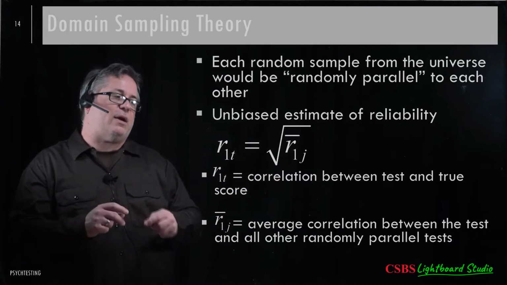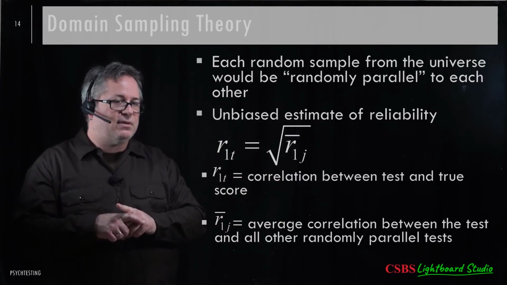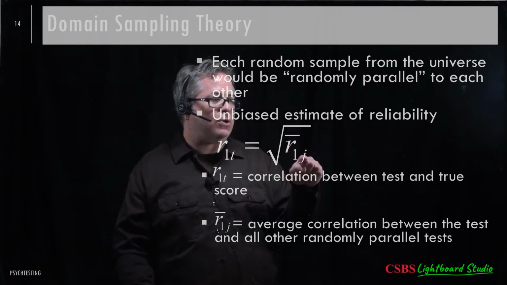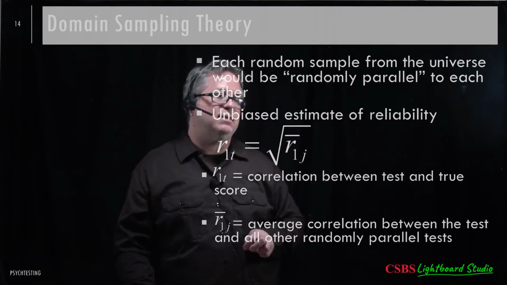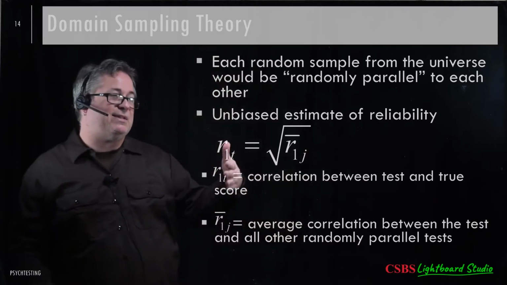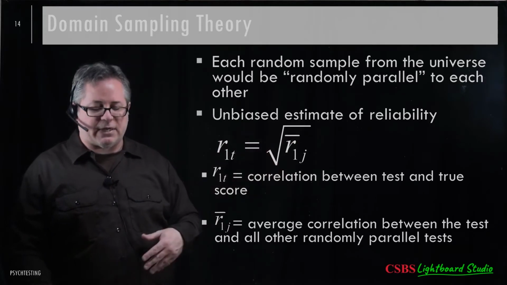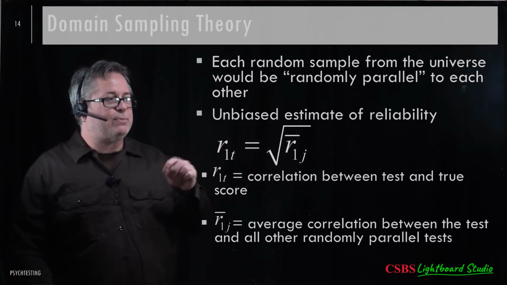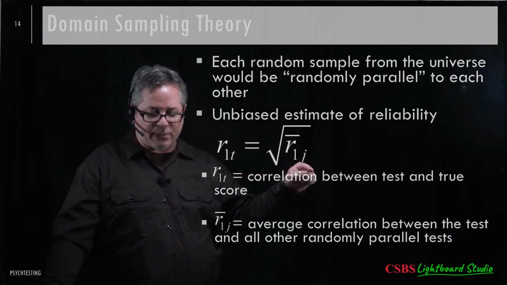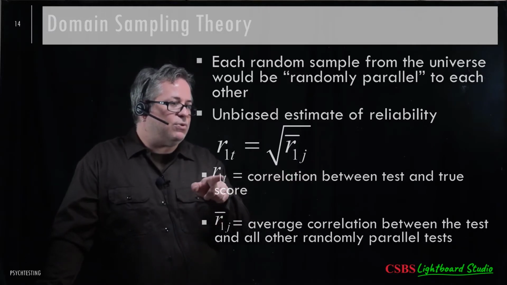We can figure out how well any one test captures the true score by simply looking at the average correlation that test has with all other parallel tests. That average correlation will tell me, on average, whether this is not doing a very good job of being similar to other tests, or it is. If on average it is measuring a very similar type of response from people, it reflects that it's being fairly consistent and capturing that true score fairly well.